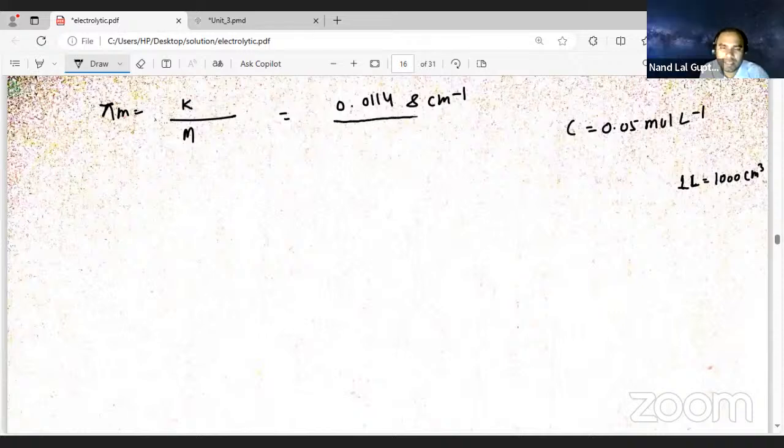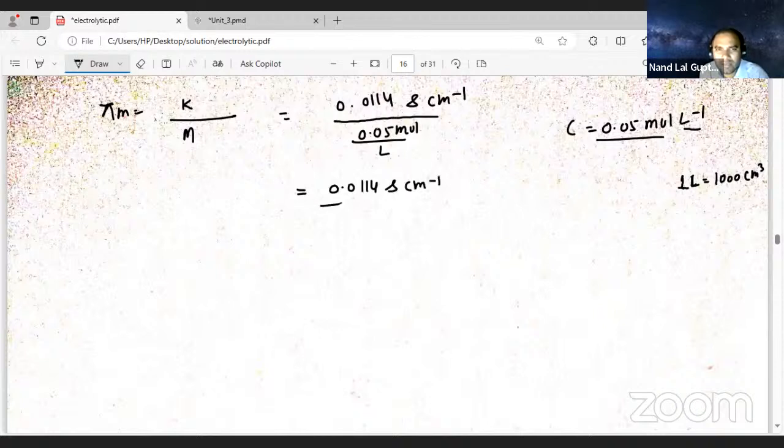So what is there here? I am first writing the concentration: 0.05 mole upon liter. Liter inverse is there. So I am writing 0.0114 Siemens centimeter inverse, then divided by 0.05 mole per liter. Liter value you are telling is 1000 centimeter cube.